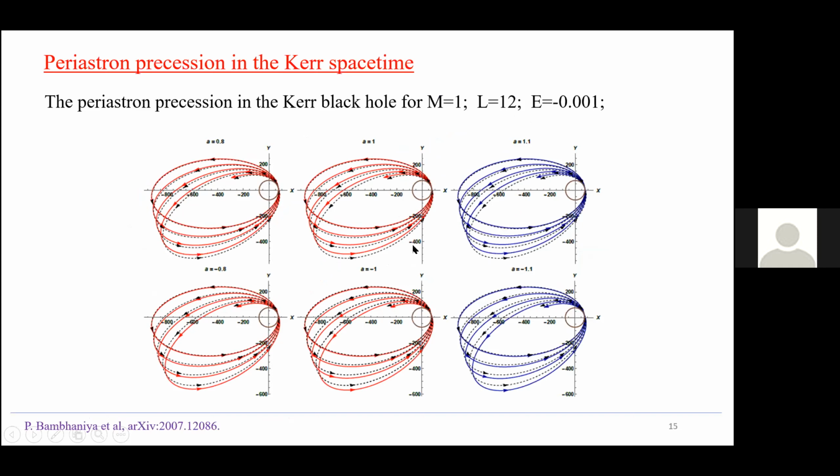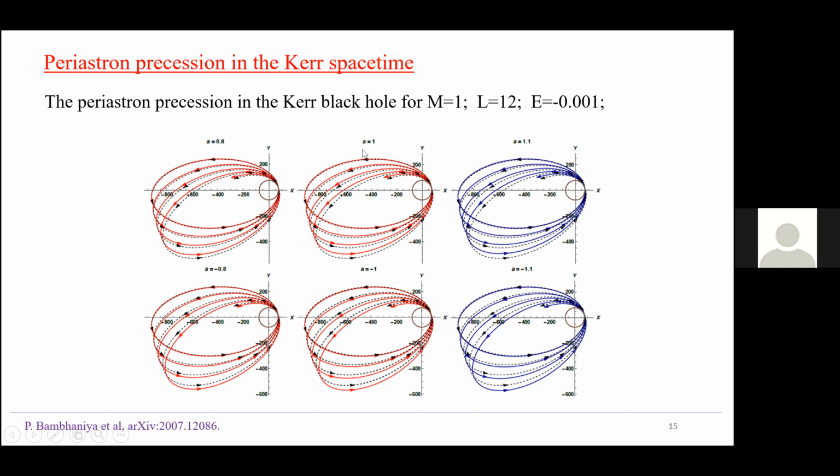As you can see in this figure, it shows the orbits of a test particle in the Kerr space-time, where the red solid lines indicate the particle orbits in the Kerr and extreme Kerr black hole, respectively. It depends on the value of the spin parameter.